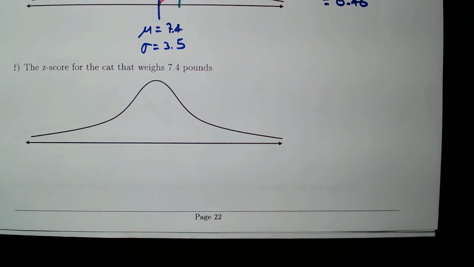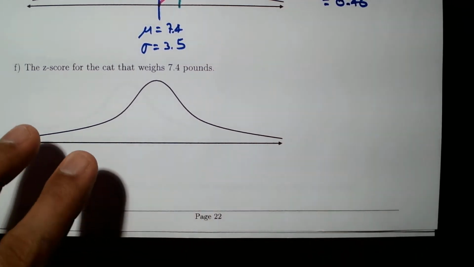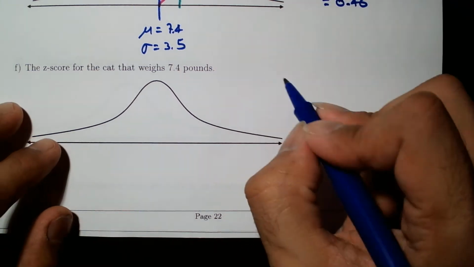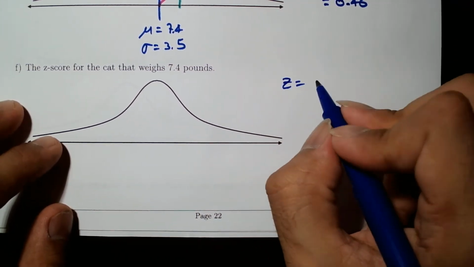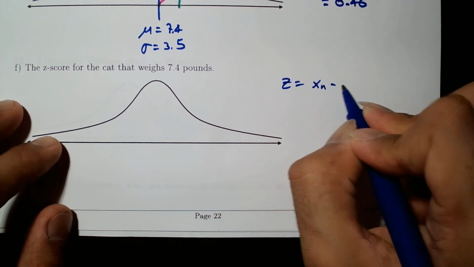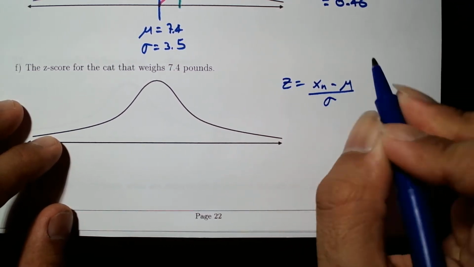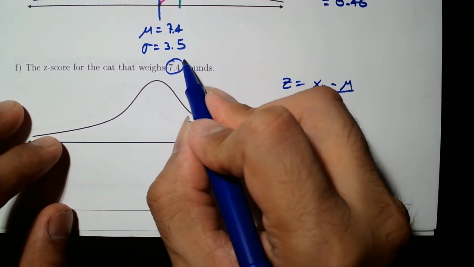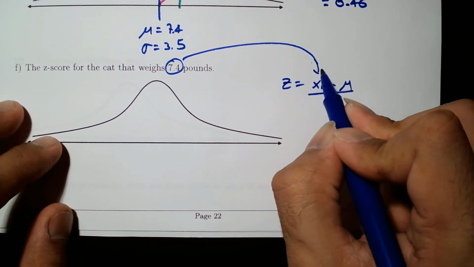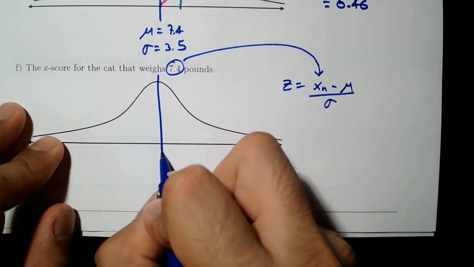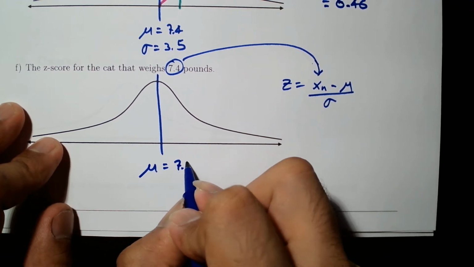Well, what about this one? Let's see. The z-score of the cat that weighed 7.4 pounds. Alright. z equals x_n minus mu over sigma. 7.4 is to be plugged in here, and mu equals 7.4.